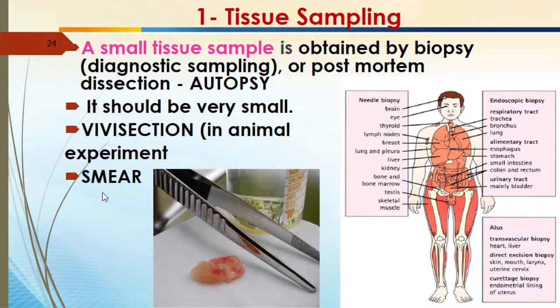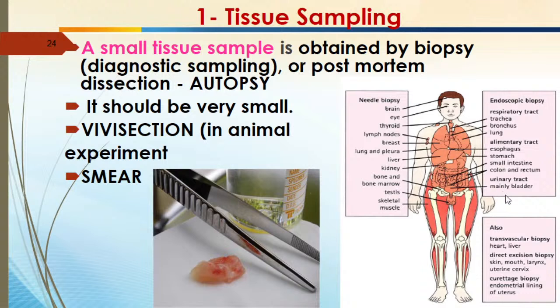Also, we use the investigation of smears. But what about biopsy? Needle biopsy we use for investigation of brain, eye, thyroid, lymph nodes, breast, lung, liver, kidney, bone marrow, testes, skeletal muscle.